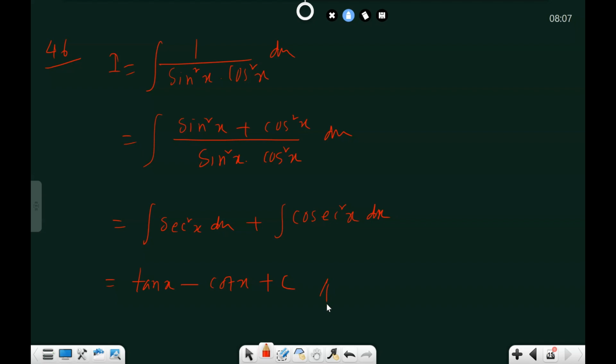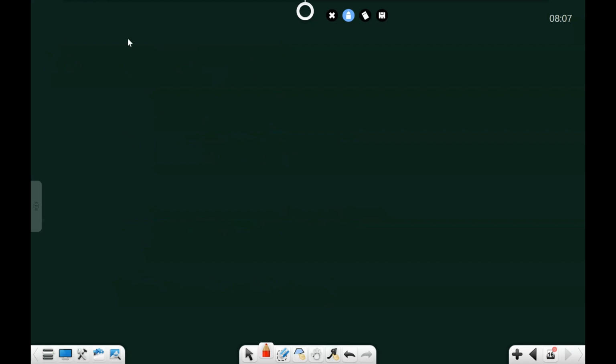Now I can take one more question, and that is also an important one. Problem number 47: I is equal to integration of tan inverse of (sec x plus tan x) dx.